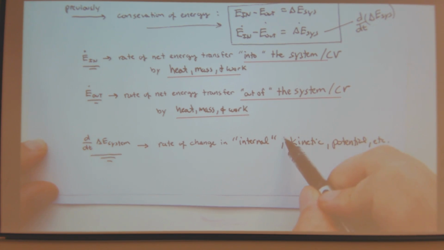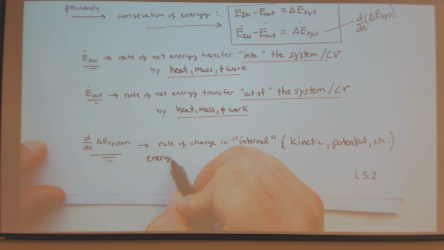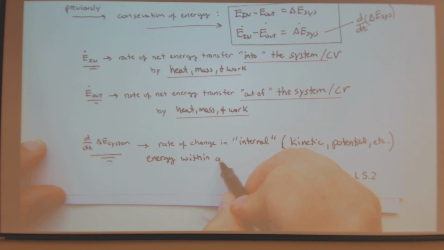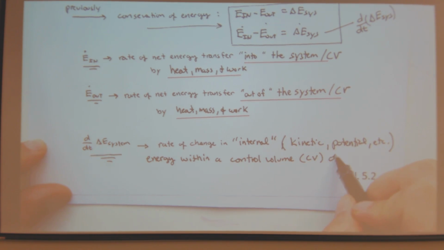So I should put internal in quotation marks, so it's quote unquote internal. And internal can be in the form of kinetic, potential, magnetic, electric, whatever it might be, thermal. It's the internal energy within a control volume of a specified system.